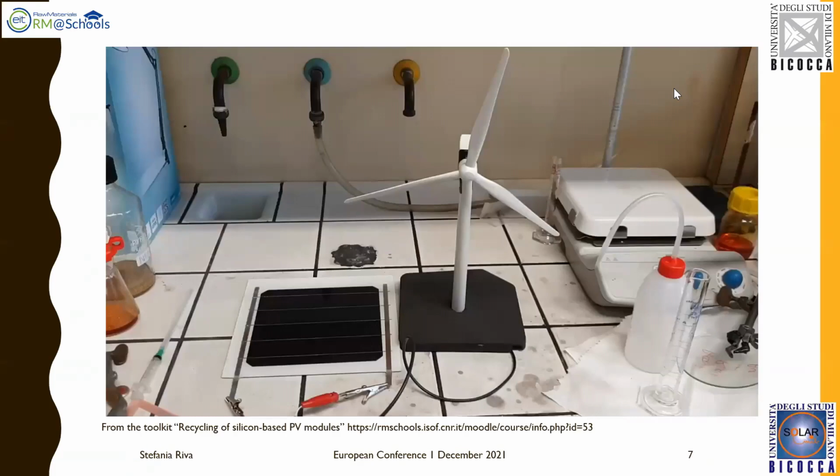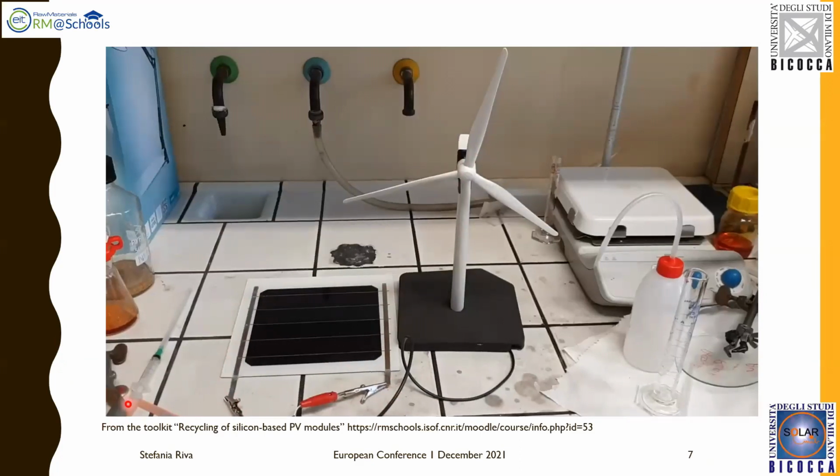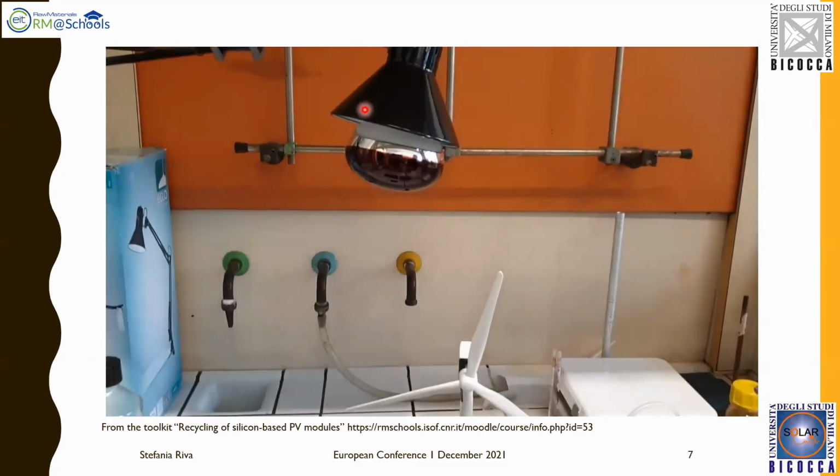And here there's a video about photovoltaics. This black is a silicon cell, which is 10 centimeters by 10 centimeters. And it is connected electrically to this wind turbine. There's also a lamp.